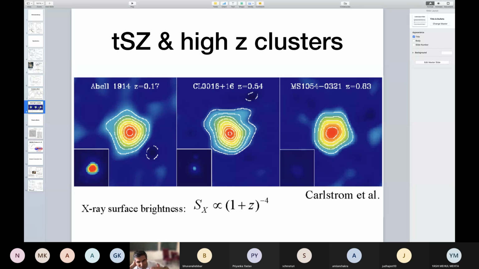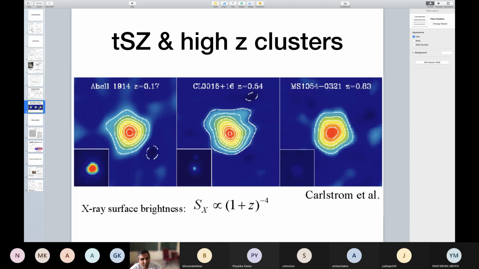So as long as you have a bright enough background, you can put your scattering cluster very nearby or very far away, and the signal will be the same. It's based on absorption or scattering, because if you have a bright enough background source, which is the CMB, and you put the scattering stuff anywhere on the line of sight, the signal is the same.